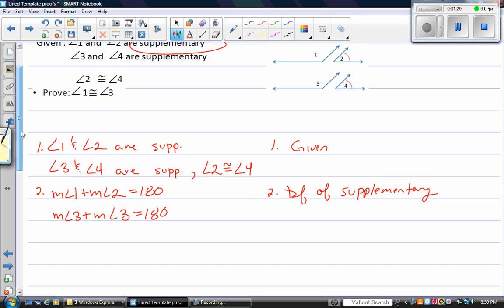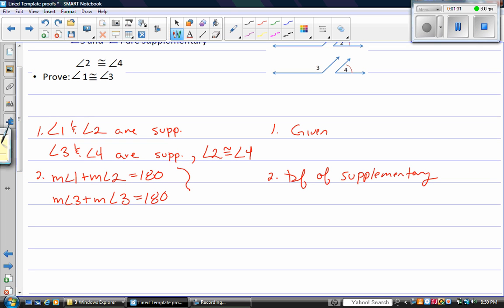Okay? And now we've got that pattern of two sums equal to the same amount, so let's set those sums equal to one another. So I'll set the measure of angle 1 plus the measure of angle 2 equal to the measure of angle 3 plus the measure of angle 4. And I made a mistake here. That should be angle 4 right there.